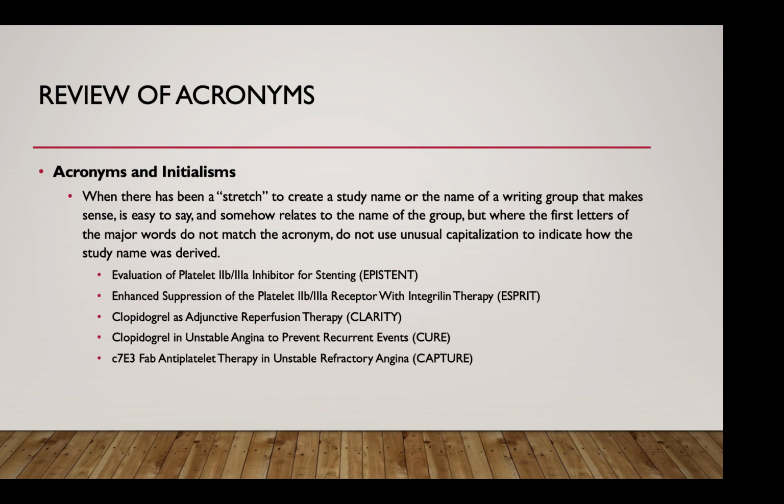I think the fourth example is a pretty good one. There's a study or an event called CURE. You can see angina is in there and prevent is in there, but you wouldn't capitalize or bold or make a different color the C, the U, the R, and the E so it jumps out how they got CURE. You just write it out and then write the acronym at the end.